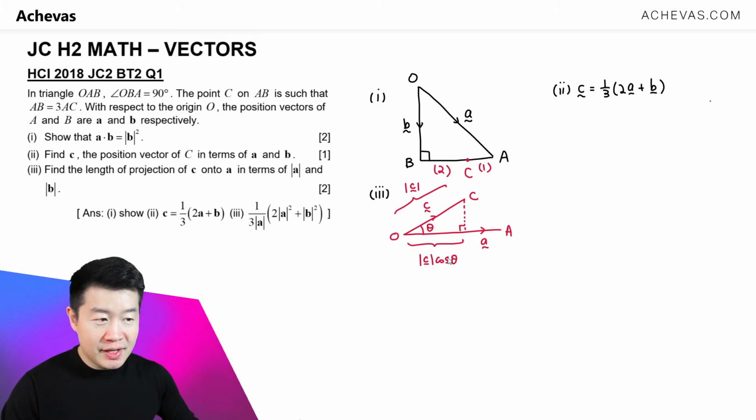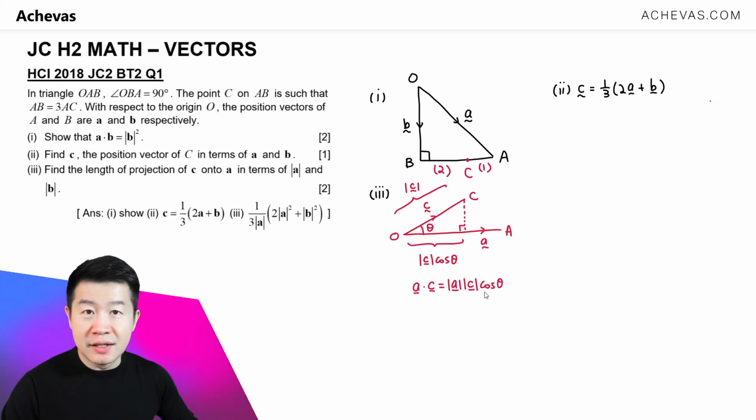And because we see a cosine theta and we have used an angle that is between vectors A and C, this makes it possible for us to make use of the dot product to involve the angle theta and these two vectors. So A dot C is equal to modulus of A, modulus of C, cosine theta.